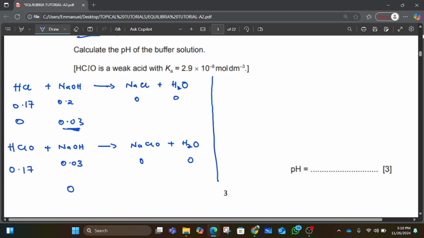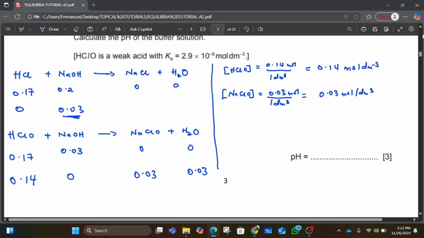So you subtract 0.03 from 0.17, and at equilibrium we are left with 0.14 mole of HClO. Sodium hydroxide is the limiting reactant, so using the mole ratio between sodium hydroxide and the product, the mole of the salt will also be 0.03 because the hydroxide was consumed to form the product, and the mole ratio is 1:1.